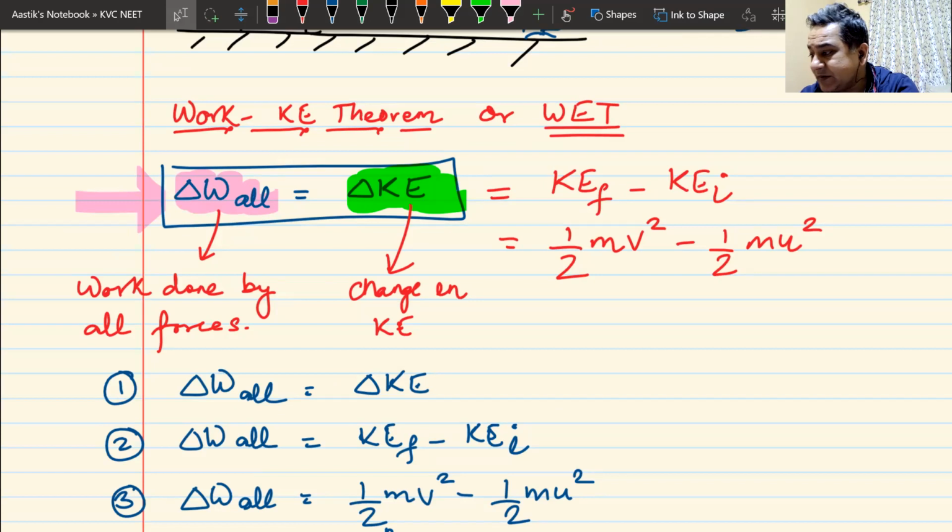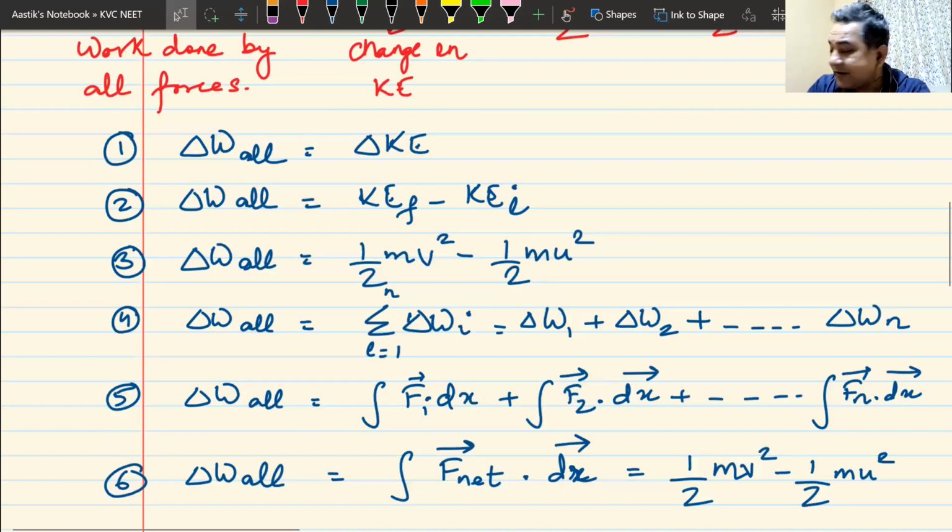We had solved one problem on the same. We have written the work energy theorem in different ways. You can see it on your screen now. Work done by all forces is change in kinetic energy, final minus initial, half mv square minus half mu square, and so on. Different ways in which we had written this.